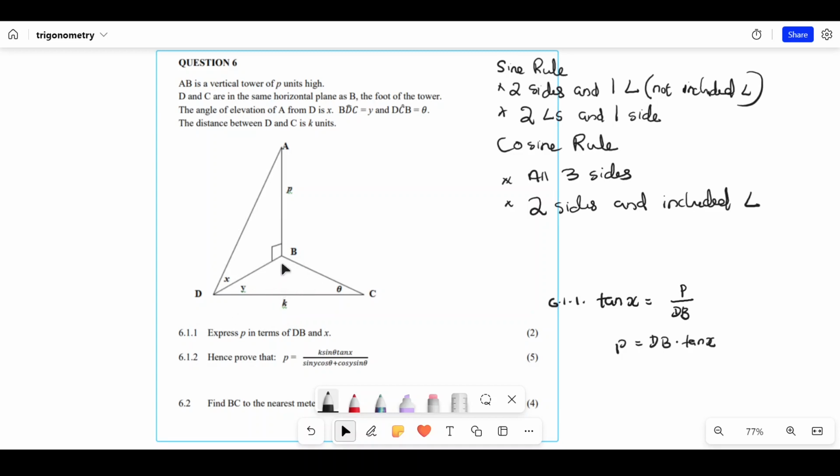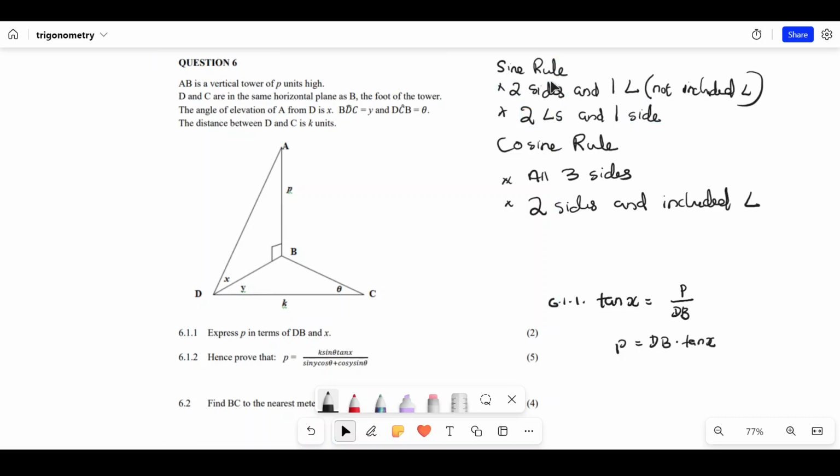So in triangle DBC, how can we find P using the triangle DBC? But there is already a connection point. P is dB times tan X. We already have this. So let us use this triangle now to get the value of P. When you look at the triangle, you have two angles and one side.